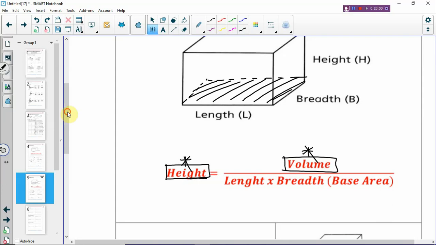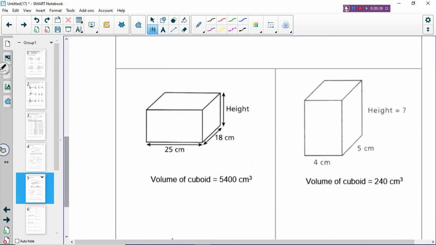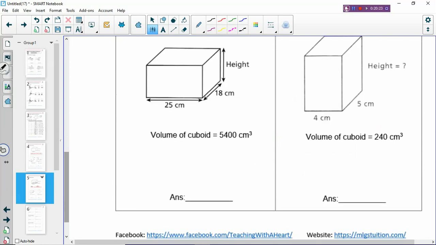So when you want to find the height of the water, then you have to make sure you know the volume of the water. If you want to find the height of the container, then you have to make sure you know what is the volume of the container. So the height and the volume must both refer to the same thing. Okay, so now let's look at the figures. So if the volume of the cuboid is 5,400 cm cube, then how do we find the height?